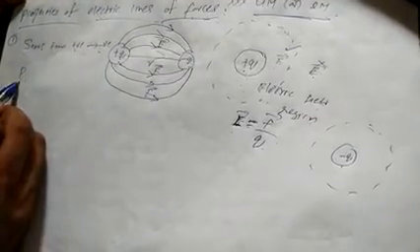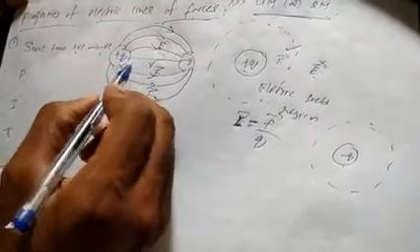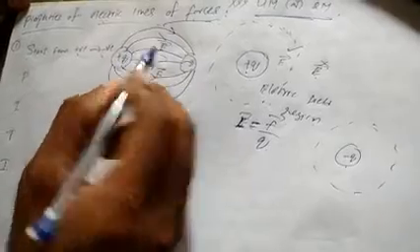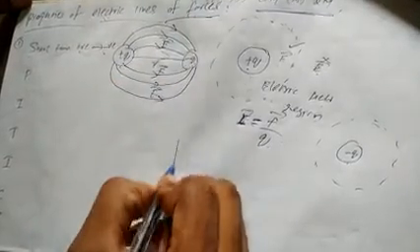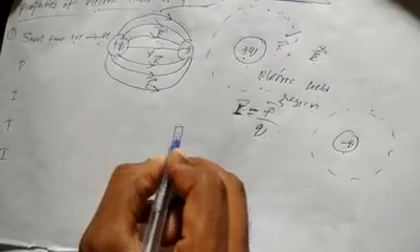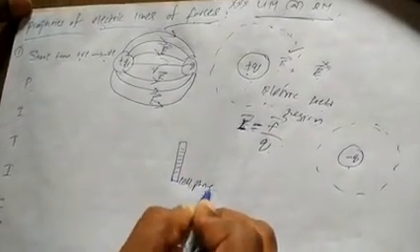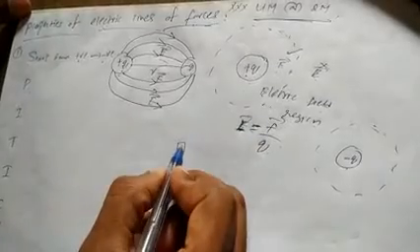Next, coming to the second property, what is P here? Electric lines of force are perpendicular to the charge carrying conductor. Suppose you have a cell phone like this. Inside this cell phone we have a tower.